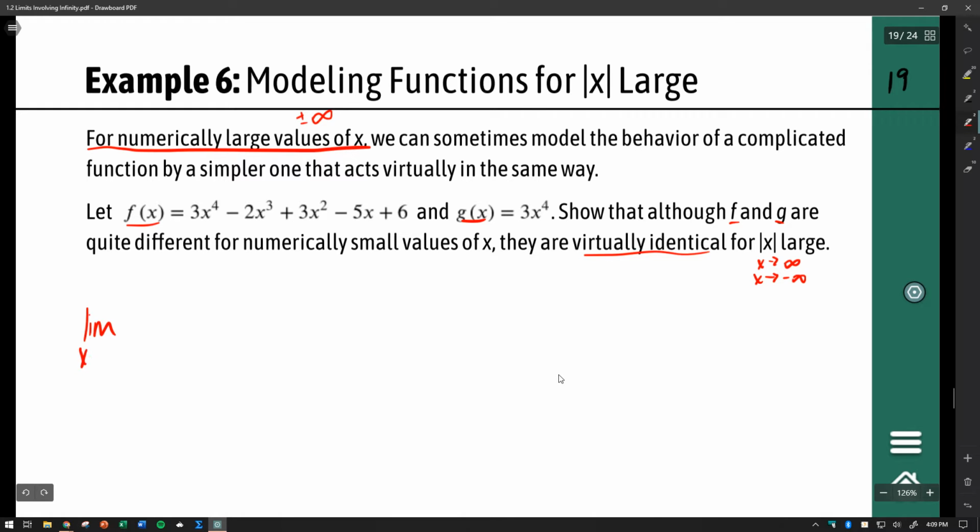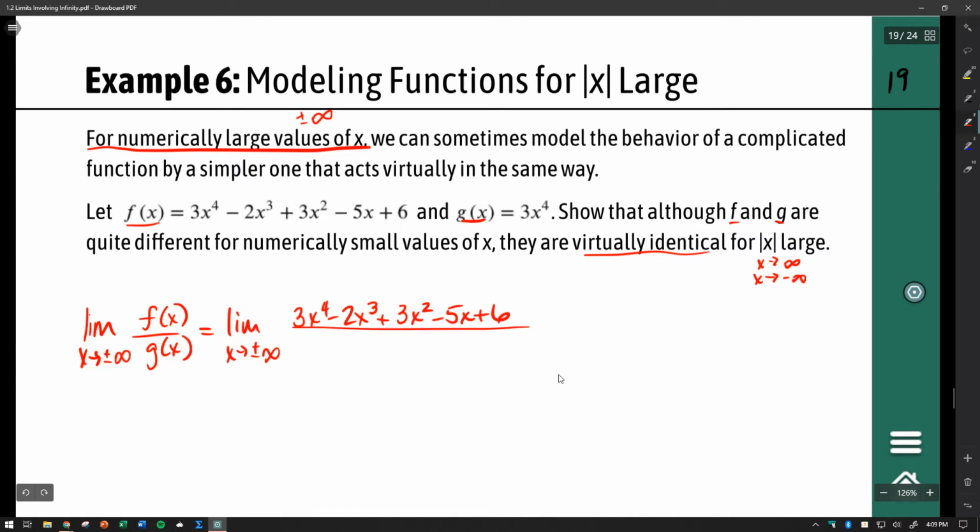So what is the limit as x goes toward either positive or negative infinity of f of x over g of x? Well, that is the equivalent then of the limit as x goes to positive or negative infinity of 3x to the fourth minus 2x cubed plus 3x squared minus 5x plus 6, all over just the function 3x to the fourth.